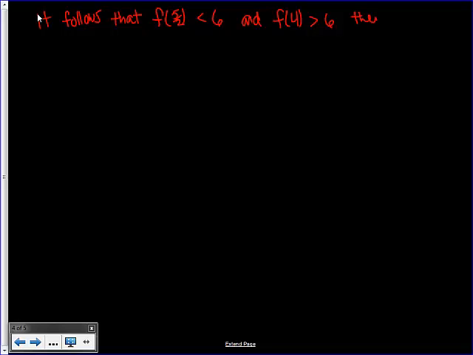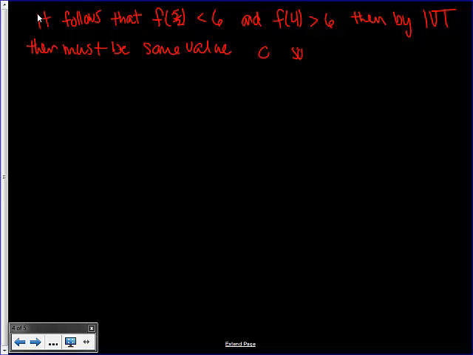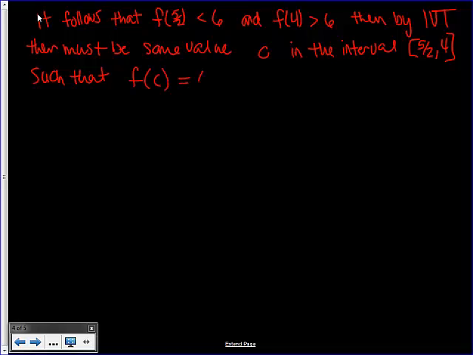Then, by the intermediate value theorem, IVT, there must be some value C in the interval from 5 halves to 4 such that f of C has to be equivalent to 6.